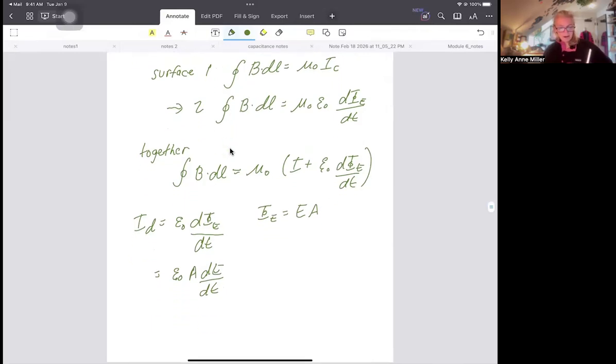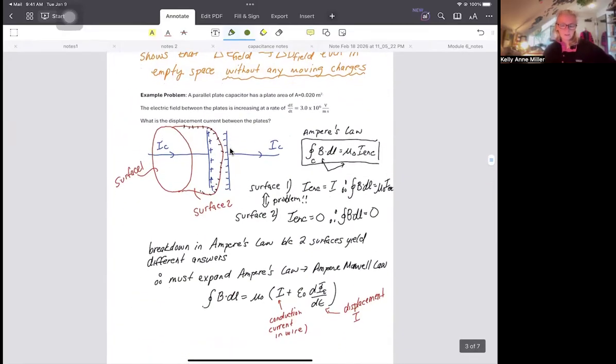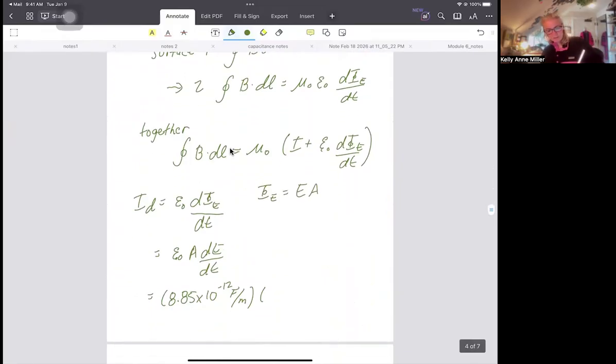Epsilon naught is just a constant. It's 8.85 times 10 to the negative 12 farads per meter. The area I'm given, let's see what the area is way back here, 0.02 meters squared. And the rate of change of the electric field is given also by the problem.